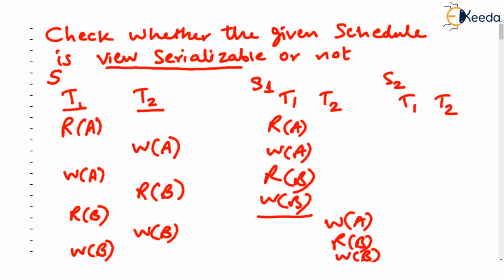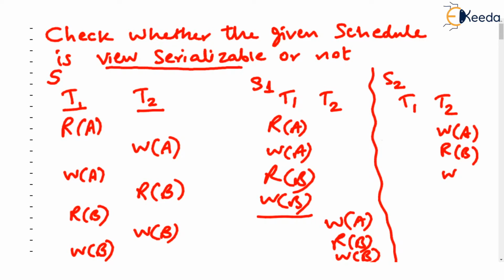And the other serial schedule possible with the same concurrent schedule S is that let T2 run first. So the operations of T2 execute first, correct? And then the operations of T1 execute till T1 actually ends.